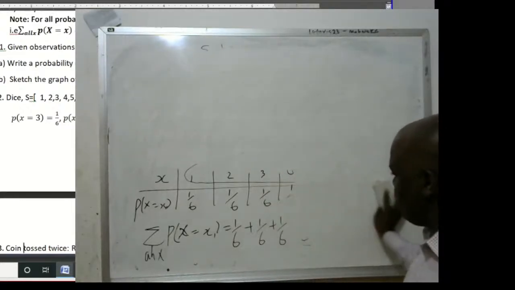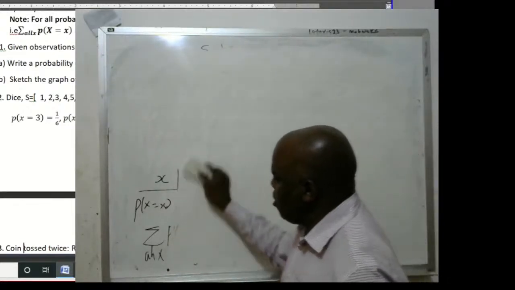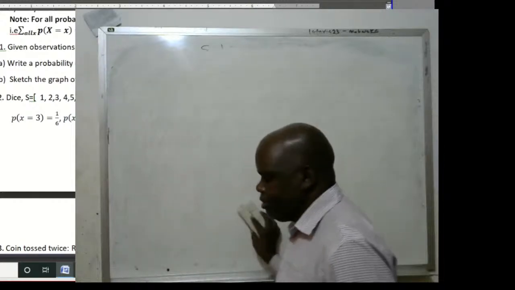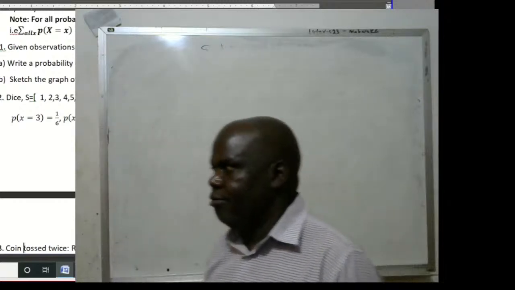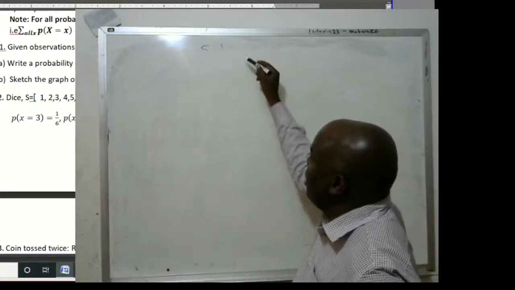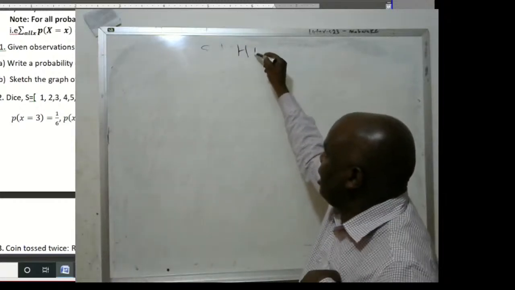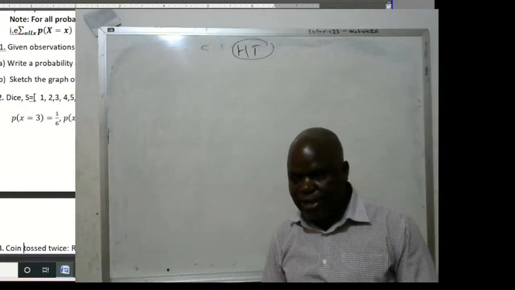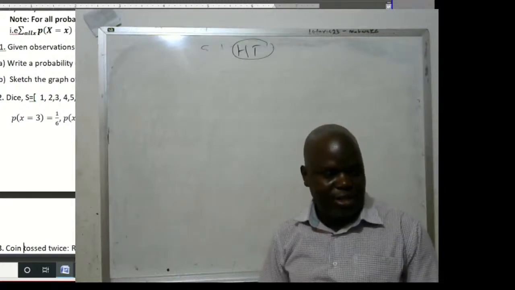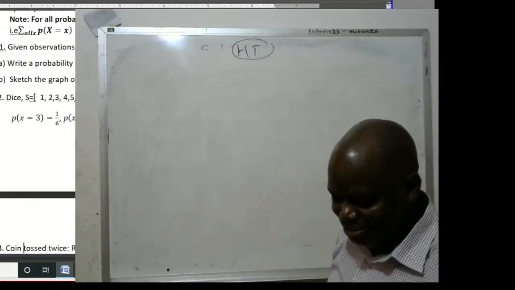It does not always stop on numbers. You can also have a discrete probability distribution for a coin. From our probability theory, from O level, we say a coin has a head and a tail. We discussed that in O level. A coin has a head and a tail.